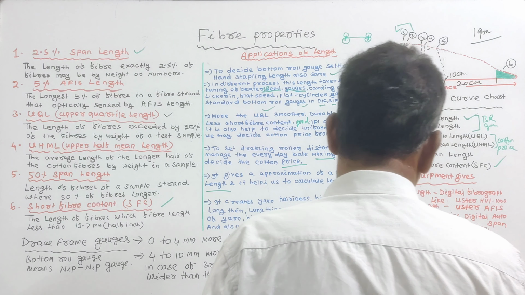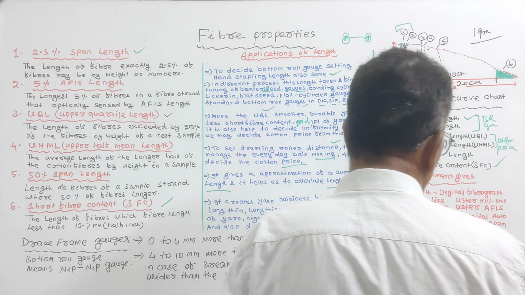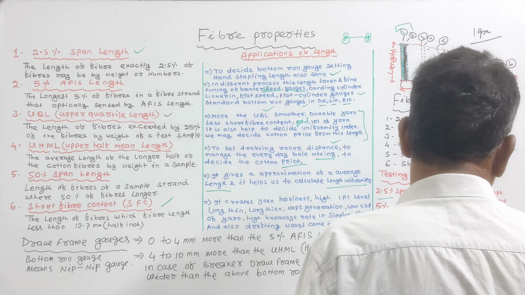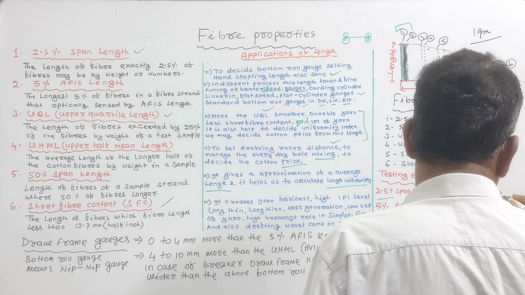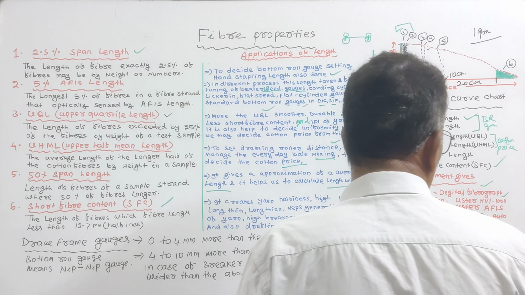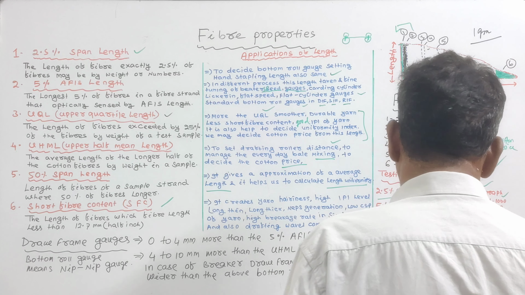Testing equipment say 2.5% span length, a digital fibrogram like Uster HVI 1000 will give us 5% span length. Uster AFIS will give it.